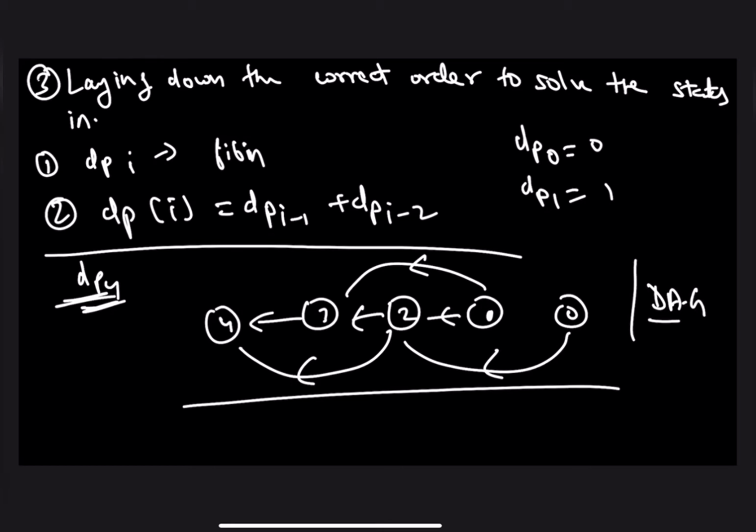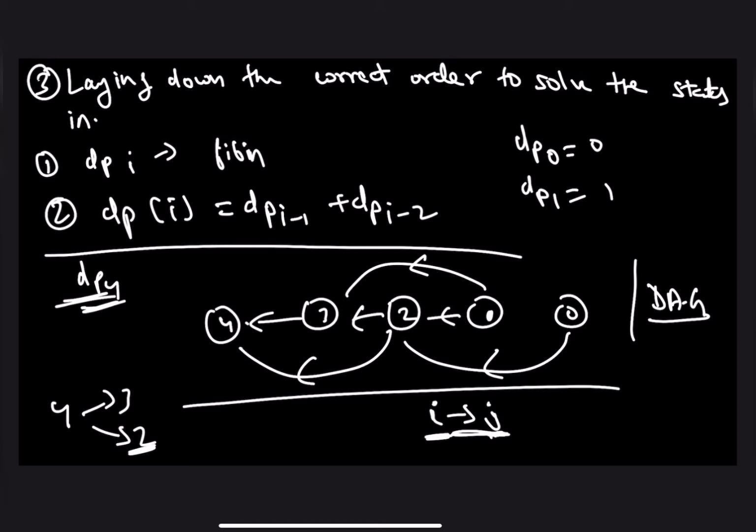If you remember, it means it doesn't have any cycle. Now, what order should we follow while solving the states? Like I said, to compute a state, you need the values of some other states. For example, to compute state number 4, you need the values of state number 3 and state number 2, and that's what this graph represents. If there is an edge from i to j, it represents that to solve the jth state, you first need to solve the ith state.